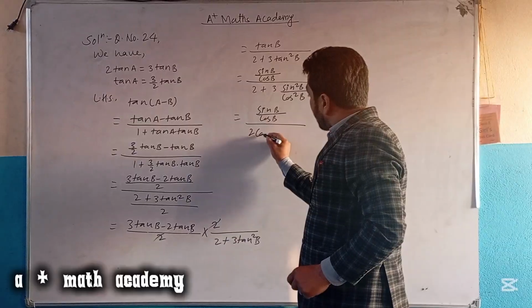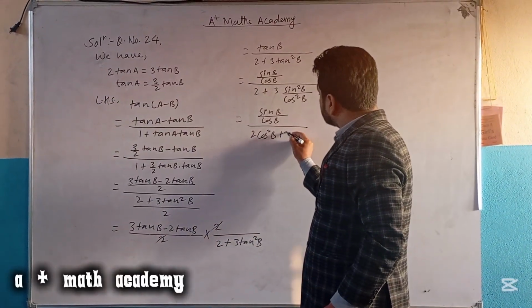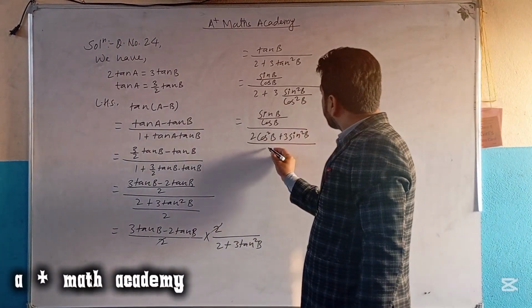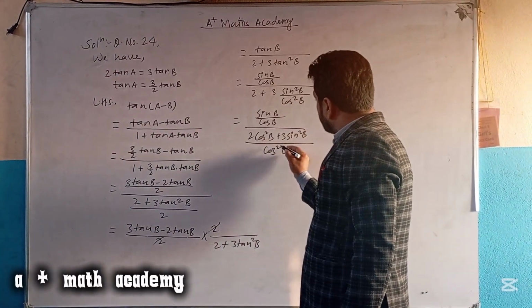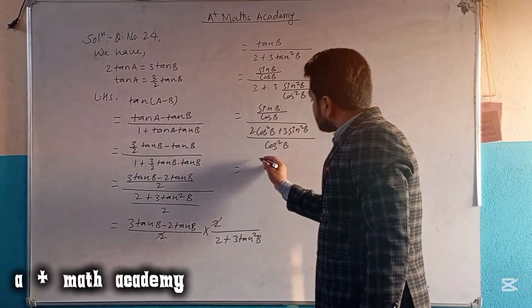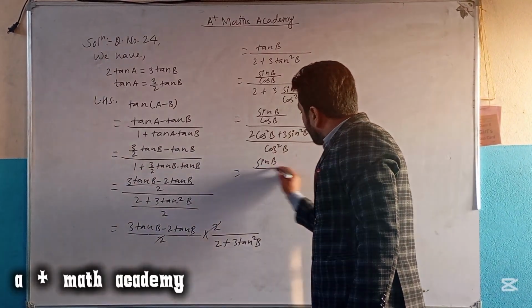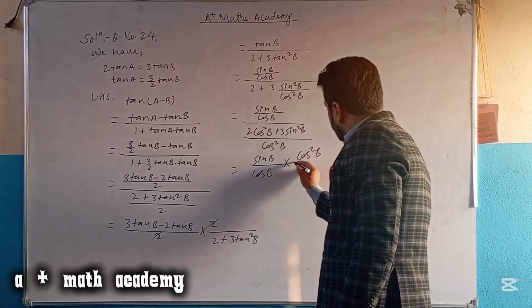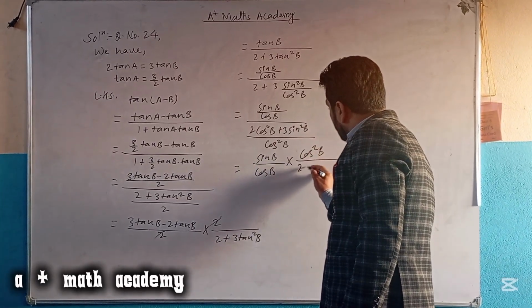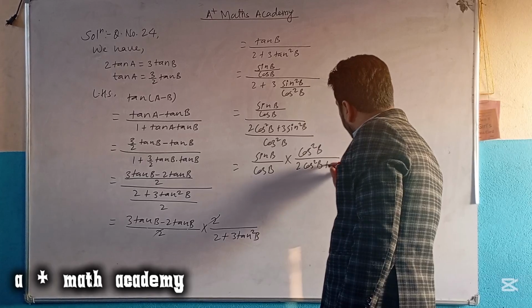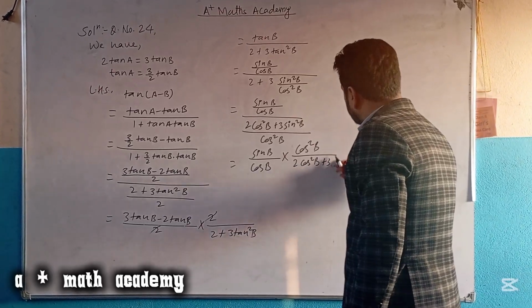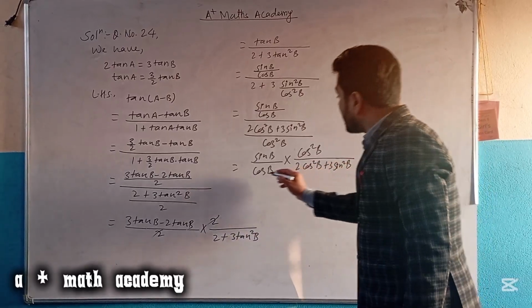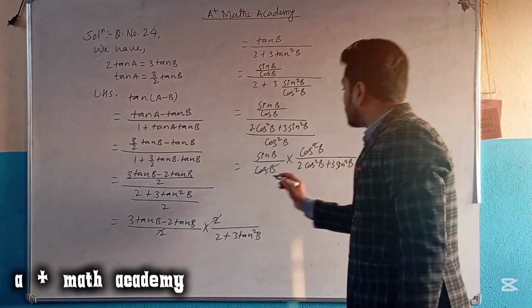So 2 cos square B plus 3 sin square B whole upon cos square B. Now sin B by cos B into cos square B upon 2 cos square B plus 3 sin square B. Here there are two cos in the numerator, so we can cancel one cos.